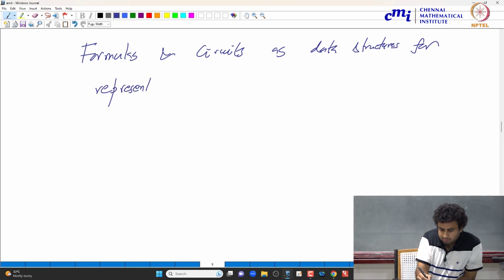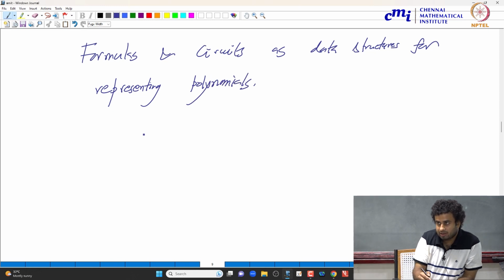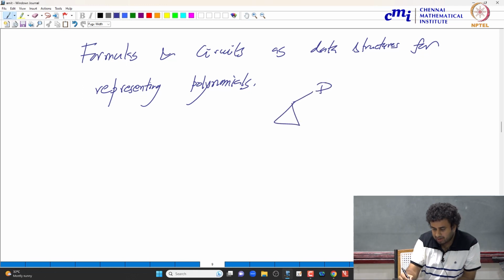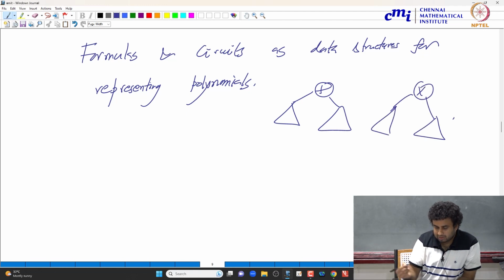Suppose you want to solve an algorithmic problem involving polynomials, you can think of the input representation as being like this. If you are given two formulas, then you can add them, you can multiply them. So you can do operations like this.